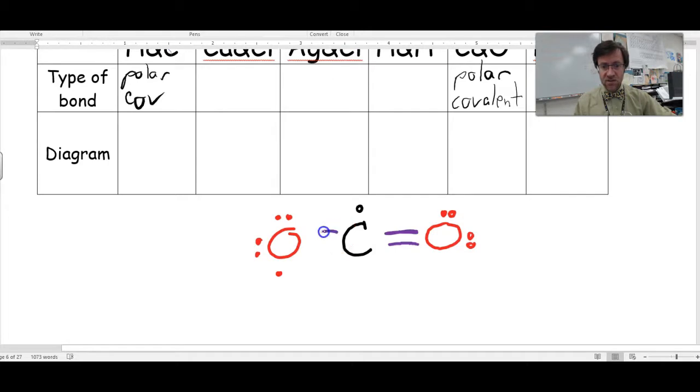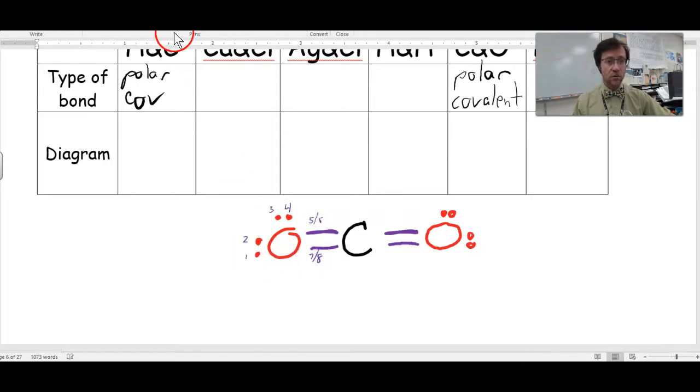Okay, so one electron from each makes one chemical bond. Neither of them are happy, so I still need to take 1 electron from each and then draw 1 chemical bond. And since there are no valence electrons left anywhere, let's count everybody up. 1, 2, 3, 4, 5, 6, 7, 8. That oxygen is really super happy.